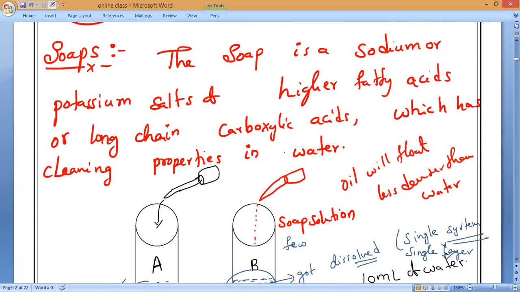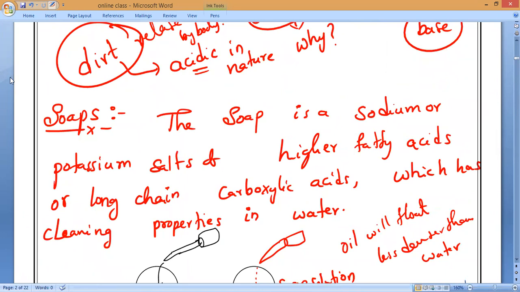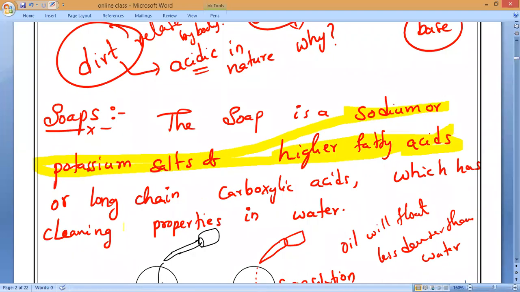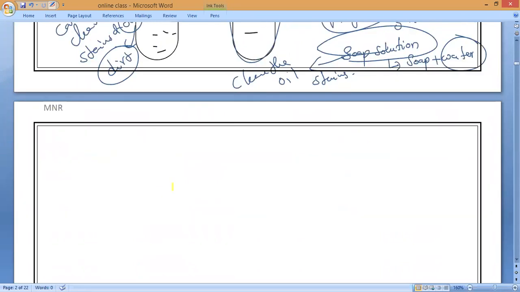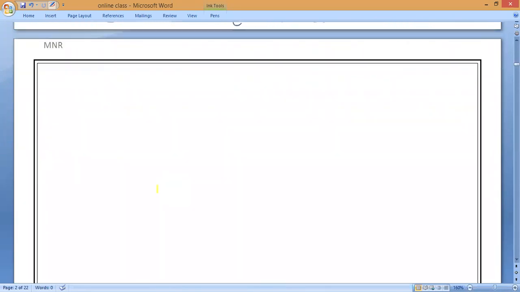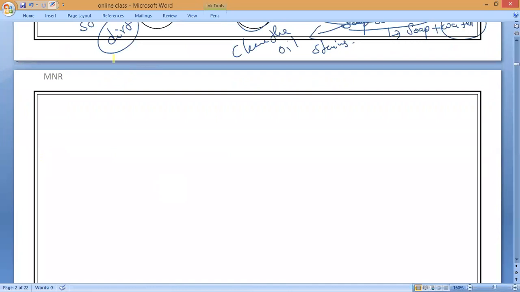Now, let us come back here again. What do you mean by soap, everybody? Tell me the definition once again. Soaps are the sodium or potassium salts of higher fatty acids, or we can say long chain carboxylic acids. Very, very important.